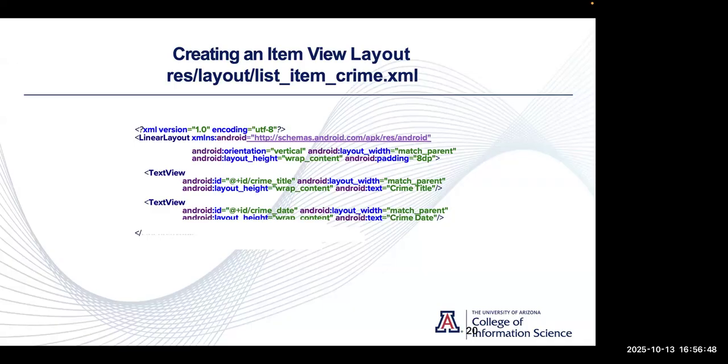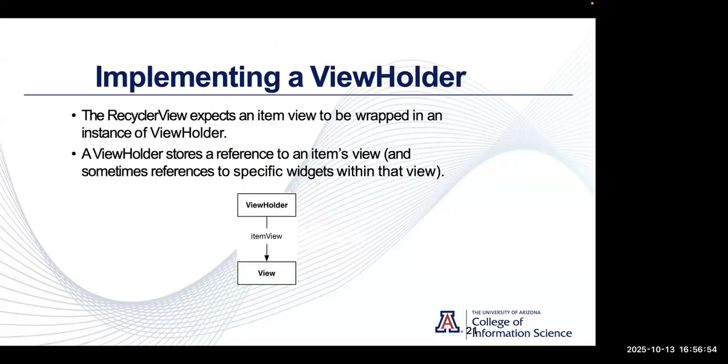So that's pretty much what we have in there. Okay, keep it simple. So the recycler view expects an item view to be wrapped in an instance of a view holder, and a view holder stores the reference of an item's view and sometimes a reference to a specific widget within that view. So in here, we have the view holder, and then it pulls in the view item, so it calls into the view item and then displays that view.